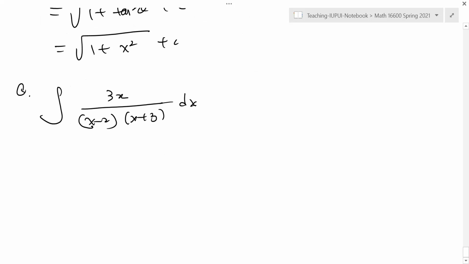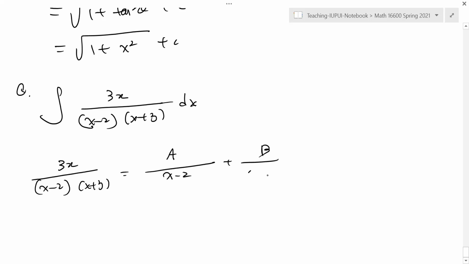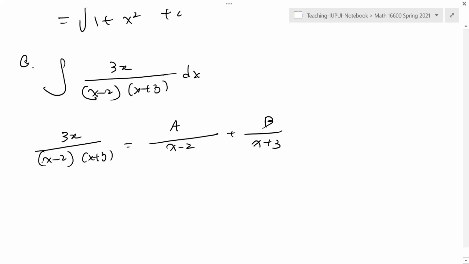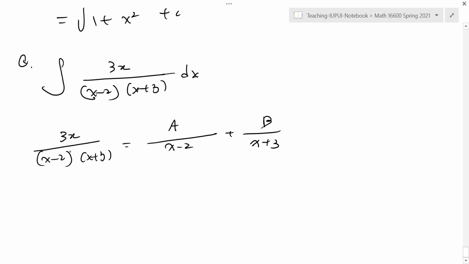So according to the theorem, it's guaranteed you can change it to the sum of these two parts: a over x minus 2 plus b over x plus 3. So you can determine the coefficients. Now you may ask me what happens if we have x minus 2 squared, and then it's slightly different.